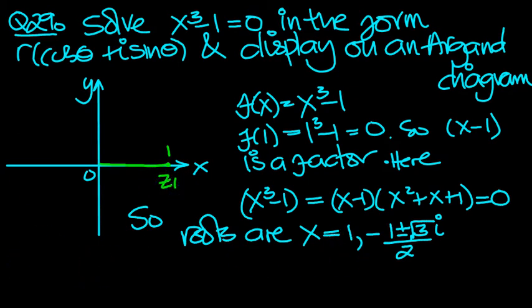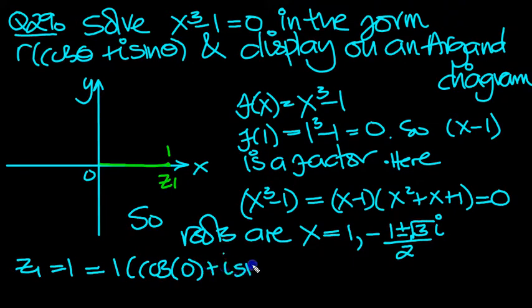So Z1 then, 1, which equals, now the radius is 1, cosine of the angle theta is 0, plus i sine of 0. Agreed? So that's what we've got. So there's r brackets cos theta plus i sine theta, which we've done, and we've marked it off here on the diagram.